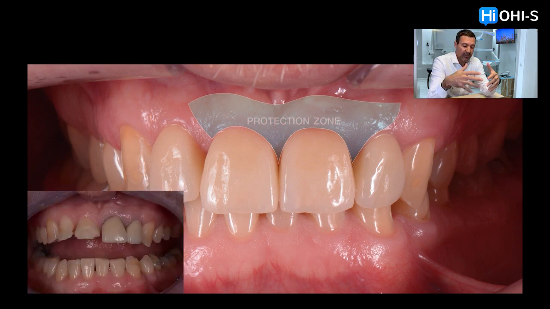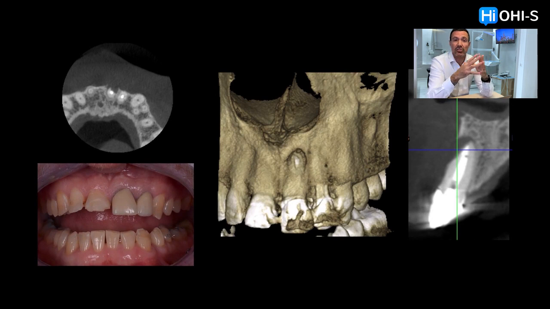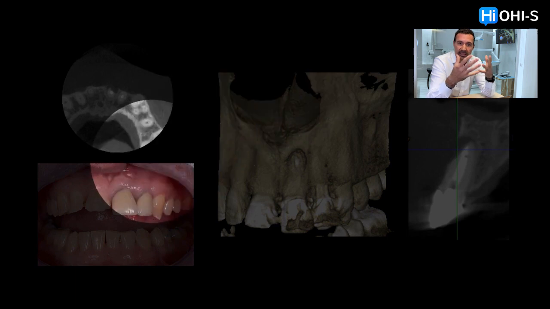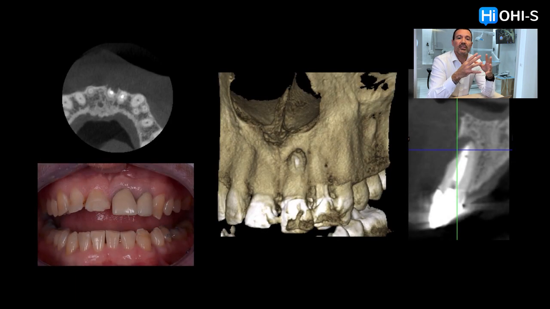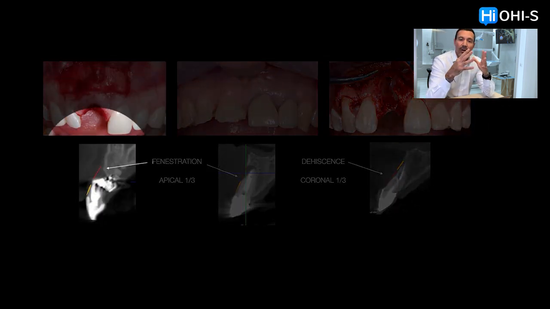After this summary of immediate loading, immediate implant placement, and complications derived from them, I consider, when I did this course, that the best way is to understand the reason why things happen. As I always say in my lectures, I want to know the why.